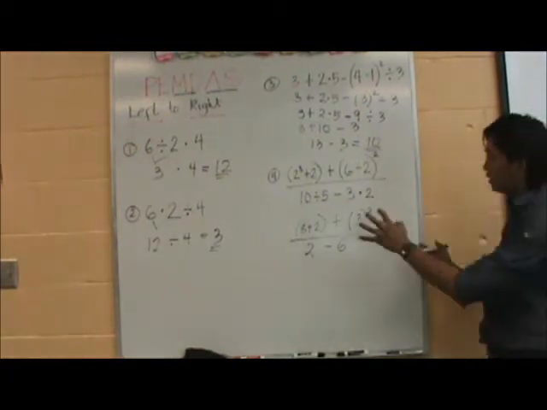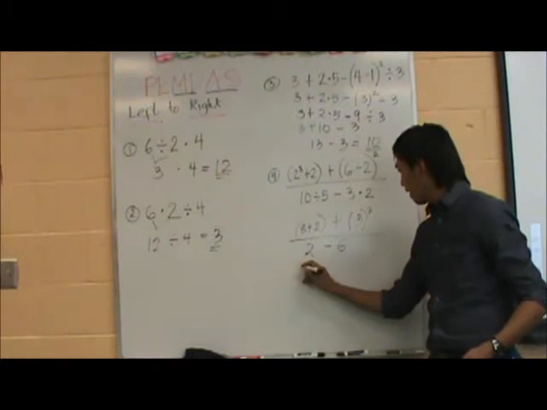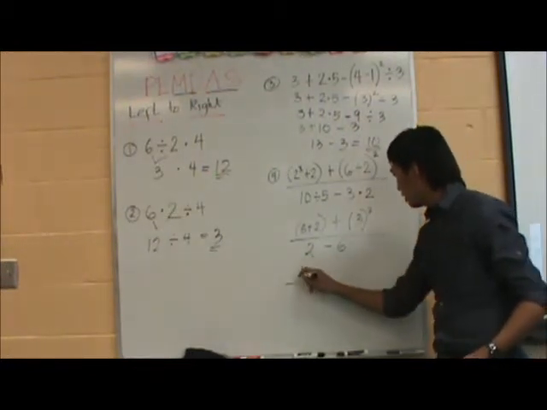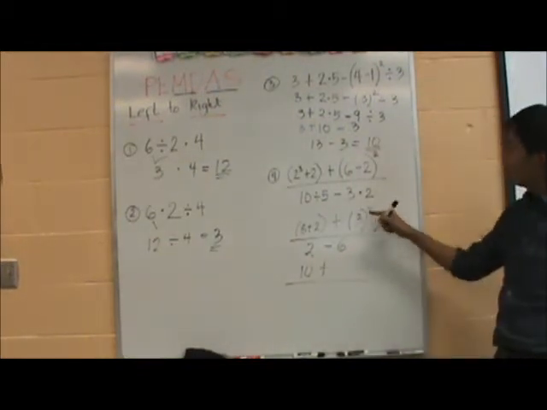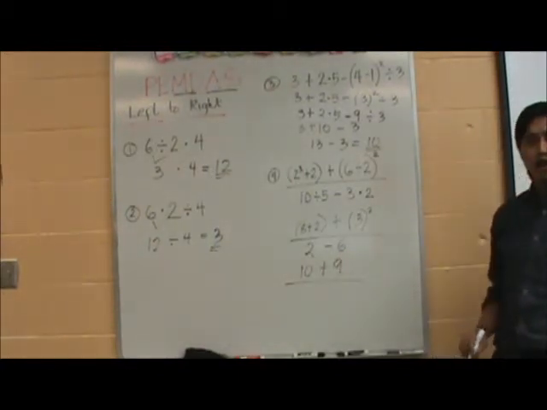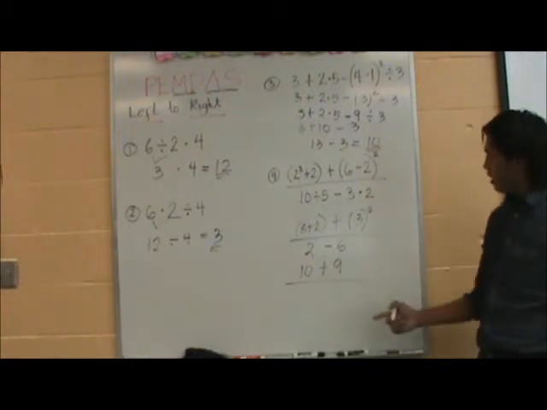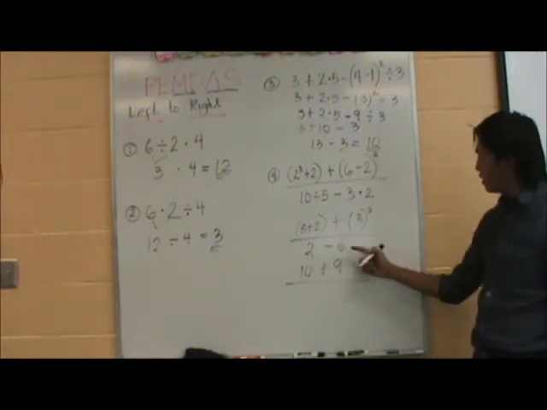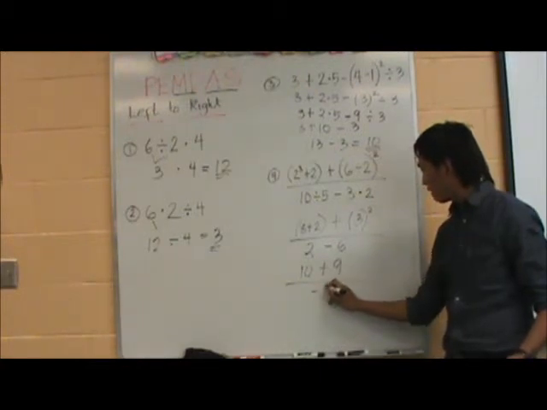Once again, we have to simplify 8 and 2. For parentheses, 8 plus 2 will give you 10. And 3 to the 2nd power, 3 times 3, equals 9. And then simplify 2 minus 6. It should give you negative 4.